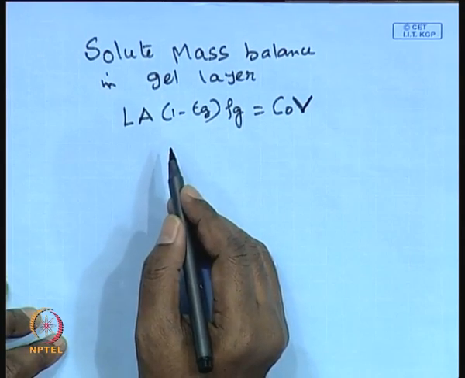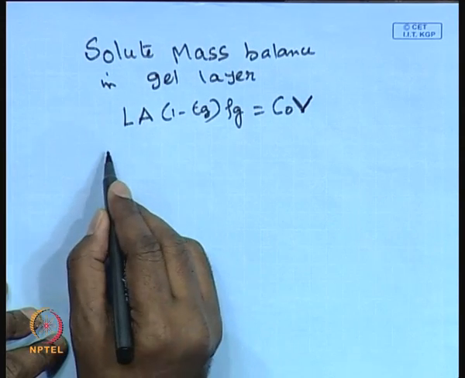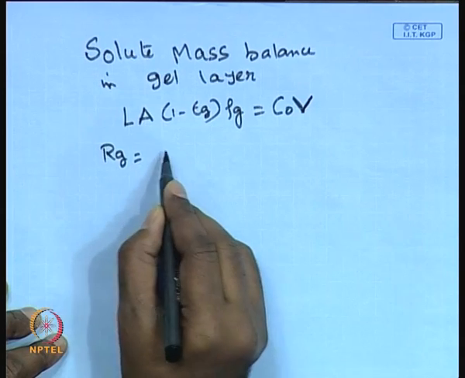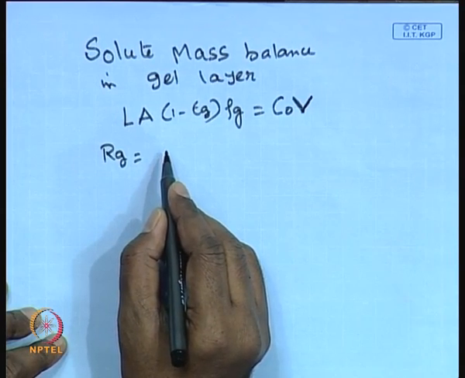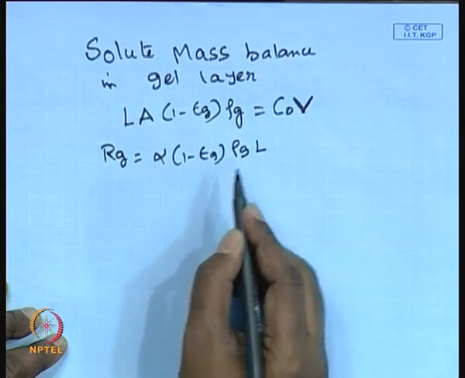So, now you can invoke the definition of gel layer resistance. Rg is equal to alpha into (1 minus epsilon g) rho g times L. Okay.